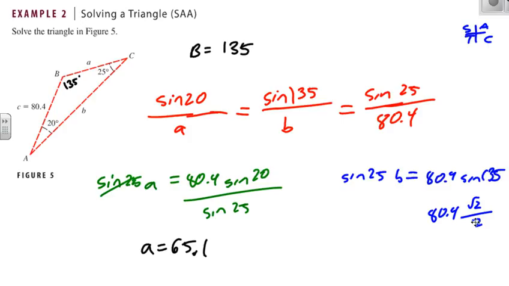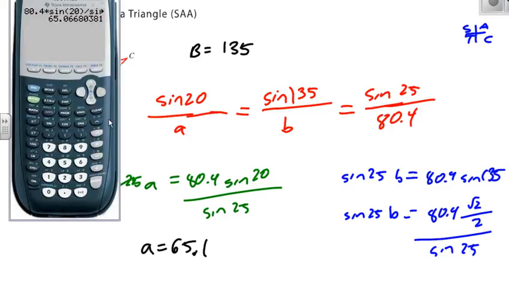So we have 80.4 times the square root of 2 over 2 equals sine of 25 times b, divided by the sine of 25. When it comes to putting in your calculator, you can just type sine of 135, that's fine as well.